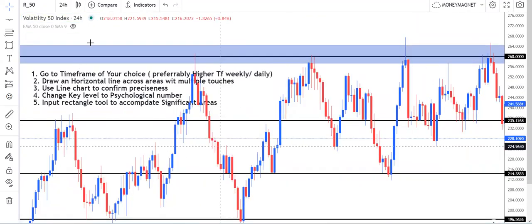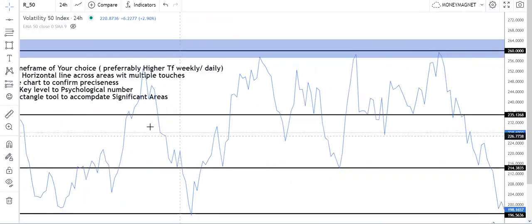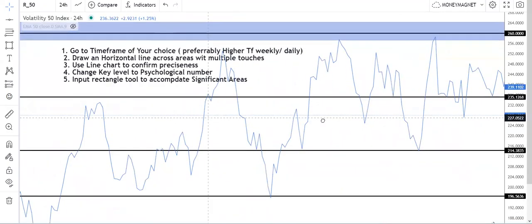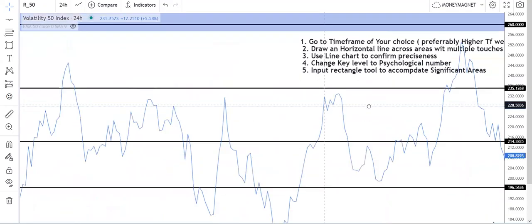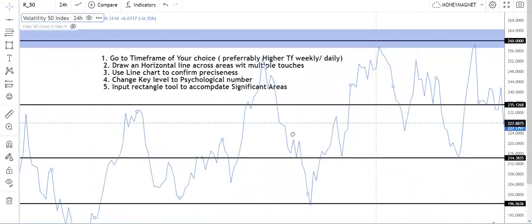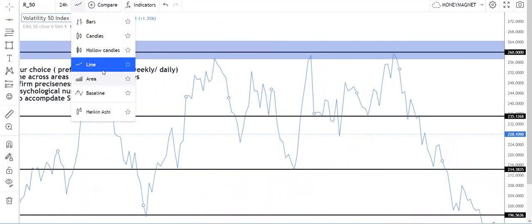So I think I would be using that level as another level. Yeah, so I would leave that for now. Looks perfect enough, looks precise enough.